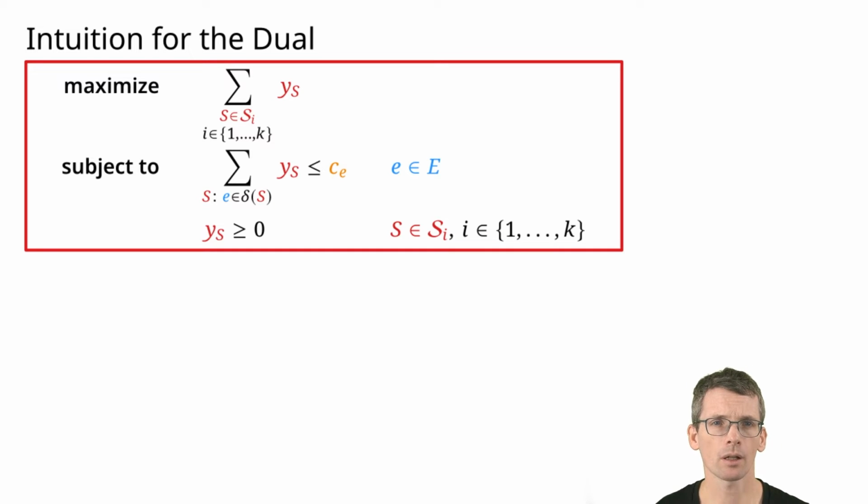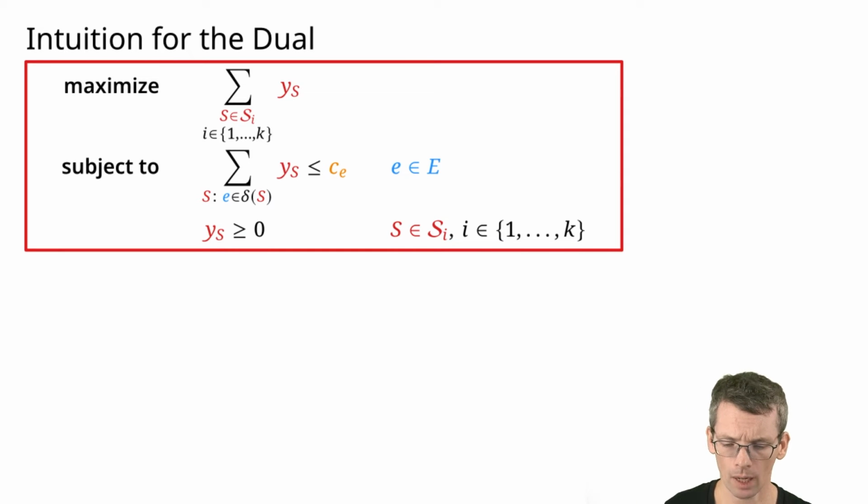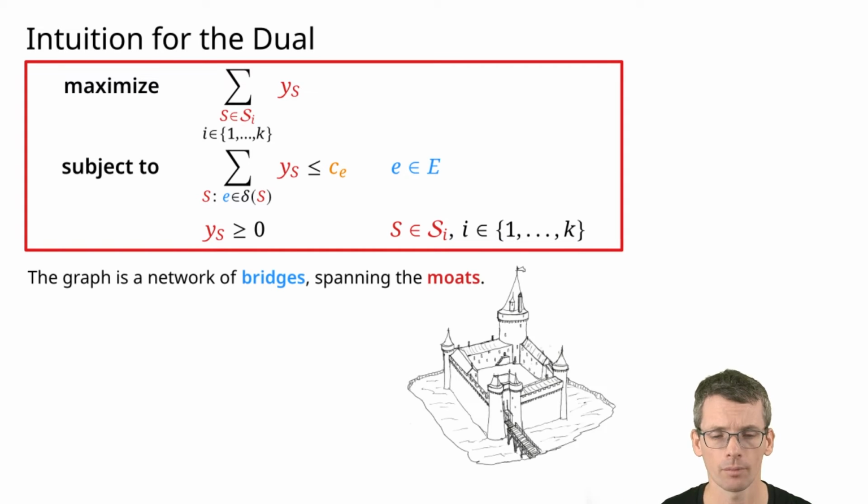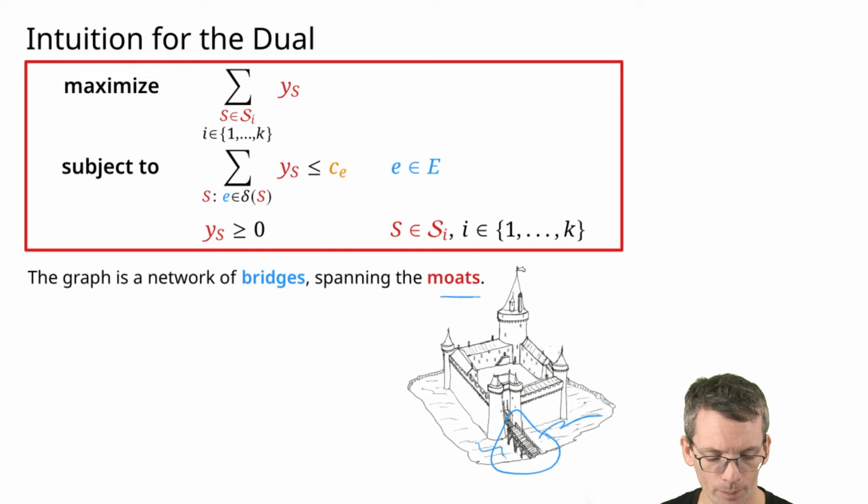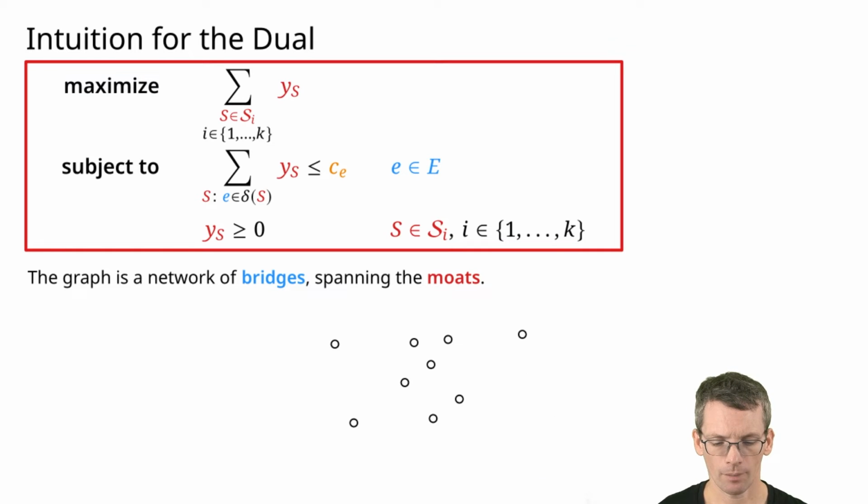If we see our graph, a primal graph, or the graph that we're considering, as a graph of a network of bridges, then we can think of the dual variables as moats. So here we have a bridge, there's a moat. So let me have that in a more abstract example.